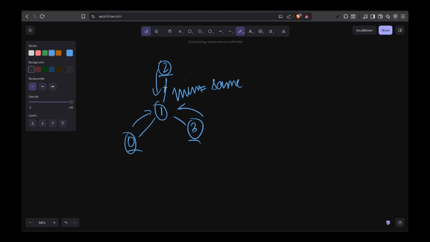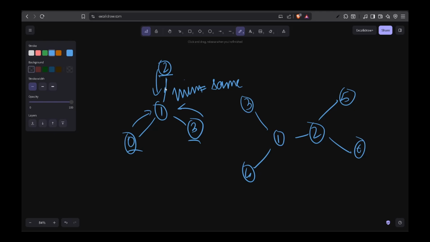So say there are nodes 1, 2, then 3, 4, 5 and 6, right? What will the answer be in this case?